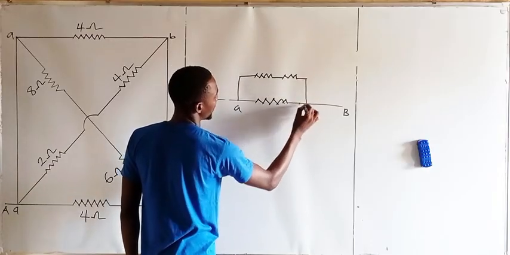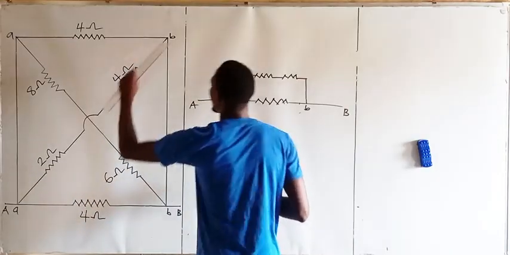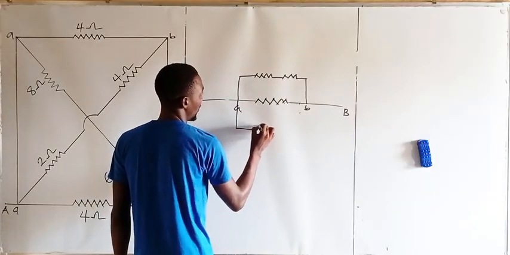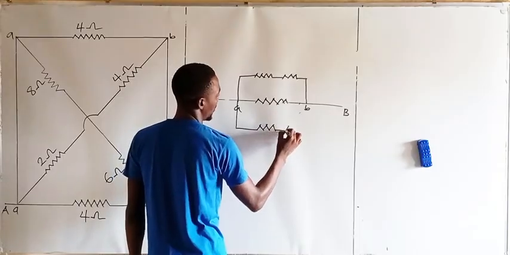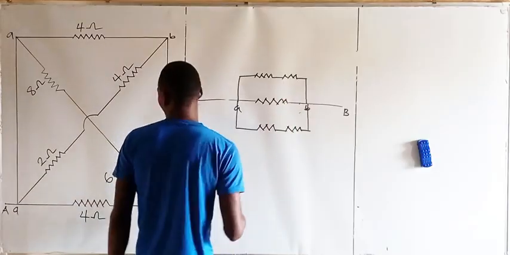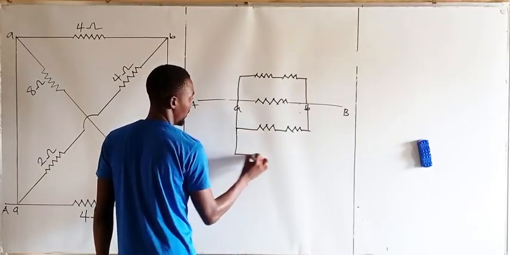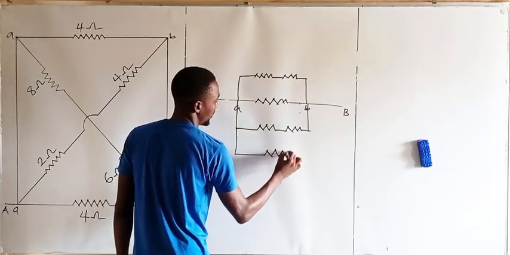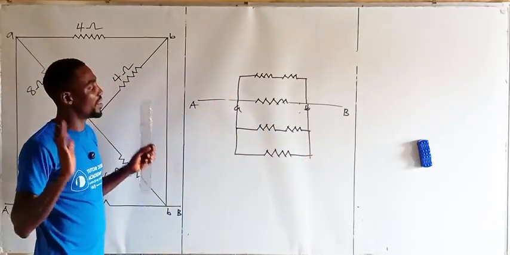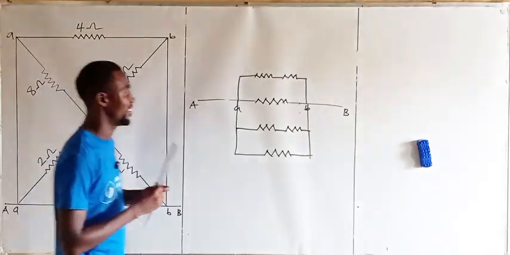Again we also have another A and B, and the last one, which is A, B again. So this is how our circuit is going to look. I hope you are learning.